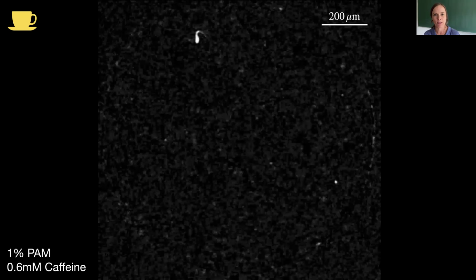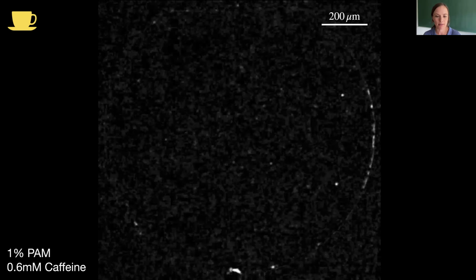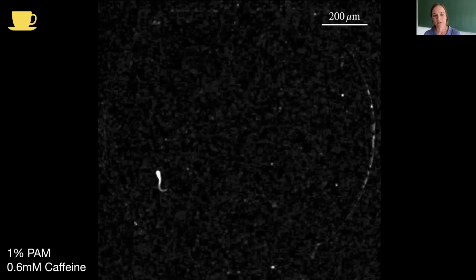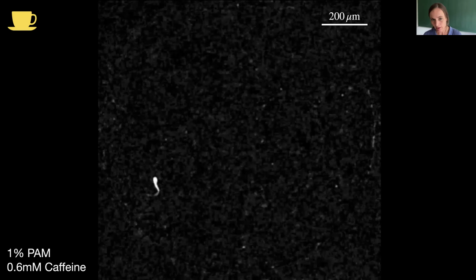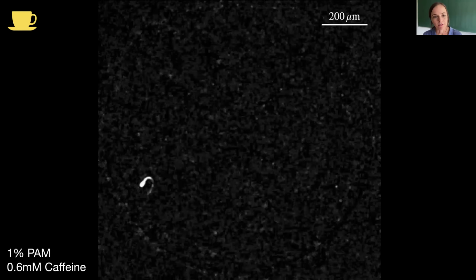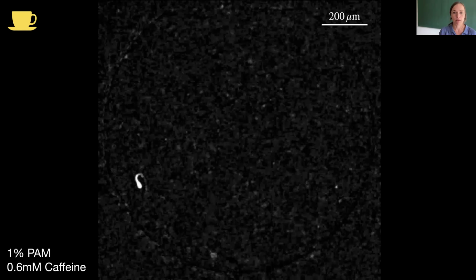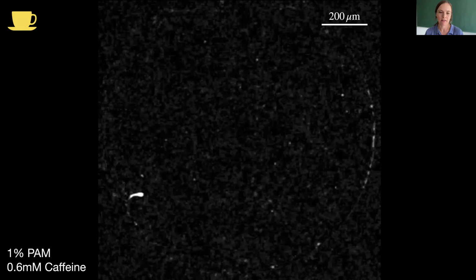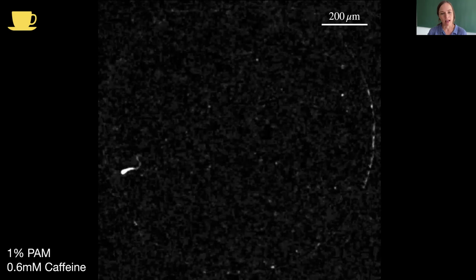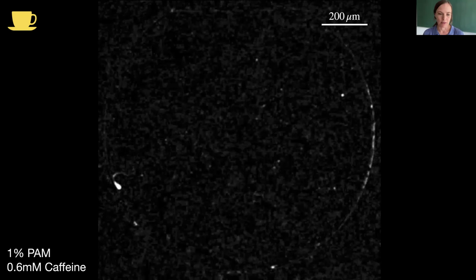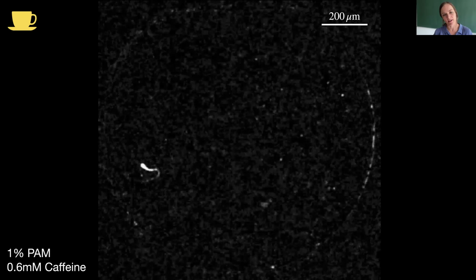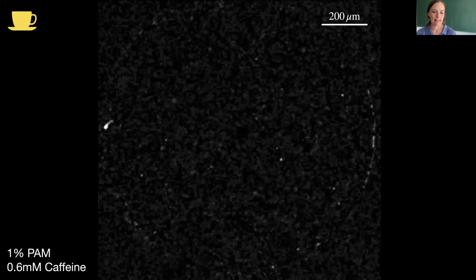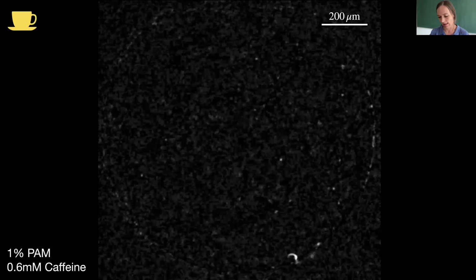So in this case, we saw transitions between circular swimming motion and relatively straight swimming motion. Now, in contrast to what we know from bacterial run and tumble dynamics, these two phases take about the same time. So the sperm spend about 100 seconds circling around before they decide to move straight and move somewhere else.